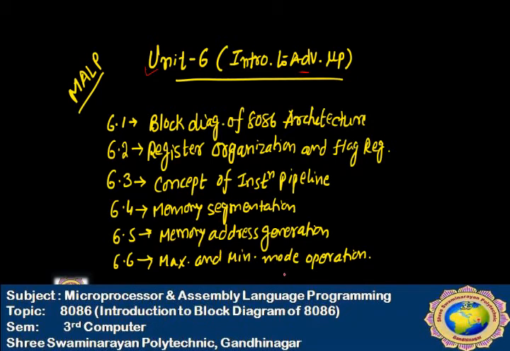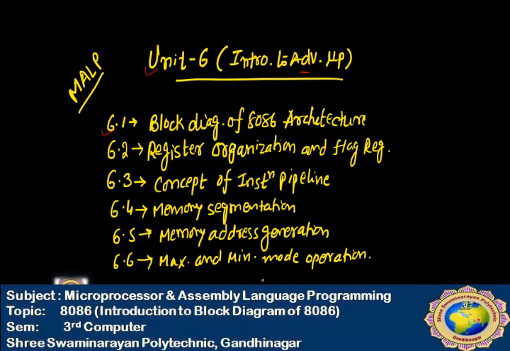So these 6 topics remain in our syllabus to complete unit 6, introduction to advanced microprocessor. Before we start the 8086, we need some features of 8086 and the comparison with the 8085. So in this session we discuss only 6.1, the block diagram of 8086 architecture.